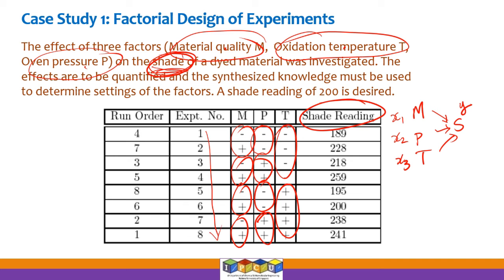So one experiment is done at low value of M, low value of P, and low value of T. At that combination, an experiment is done, and the shade reading was found to be 189. Another experiment was done with material quality set at high value, pressure and temperature at low values, and the shade reading was 228, and so on and so on, right?